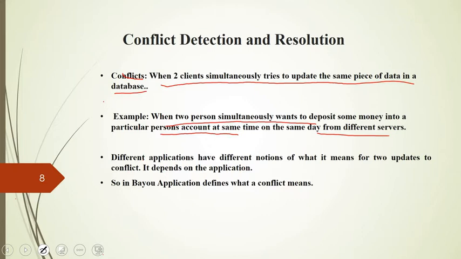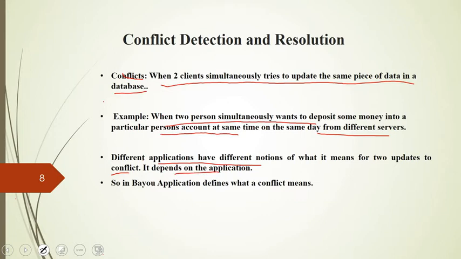So just check if it is acceptable to execute these operations concurrently. Different applications have different notions of what it means for two updates to conflict. It depends on the application whether a conflict should occur or not.